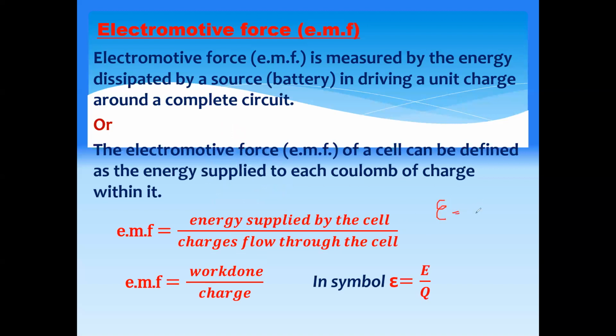Epsilon equals E over Q, where E is the energy or work done, and Q is the charge. And the unit of EMF is joules per coulomb or volts.